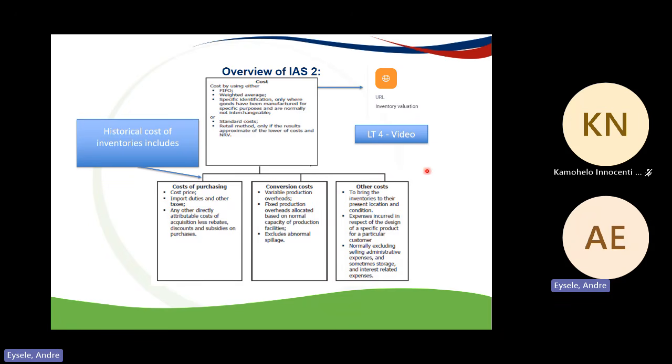You can do that in your own time: inventory valuation, determining the FIFO and weighted average, and how we value these items. So colleagues, this is a nutshell of what inventories is all about when dealing specifically with manufacturing items.